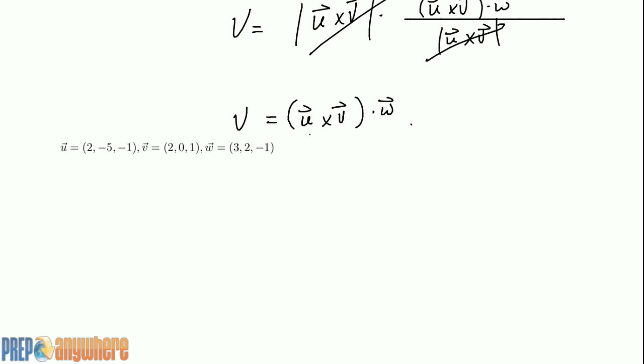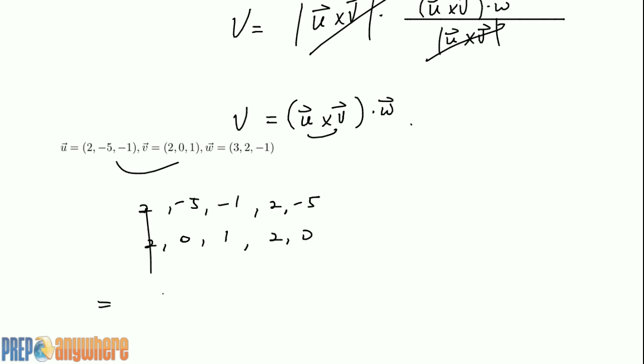Let's do the cross product between u and b first. Okay, so if you do cross product, you get minus 5, minus 2, minus 2, plus 10. This is u cross b. How is it plus?